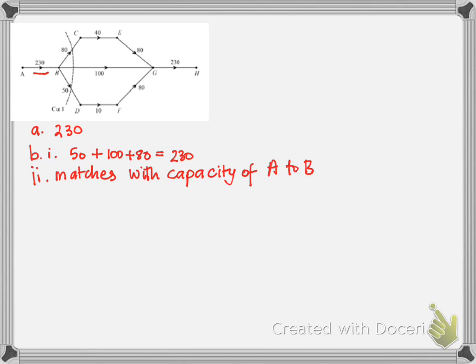For this next part C, you were told that the maximum flow through the network is currently 150 cars per hour, and you were asked to mark in the cut that determines this maximum flow on the network above. Only 43% answered this correctly.